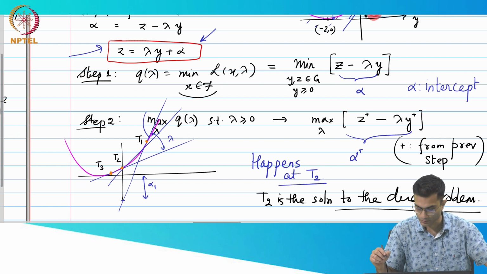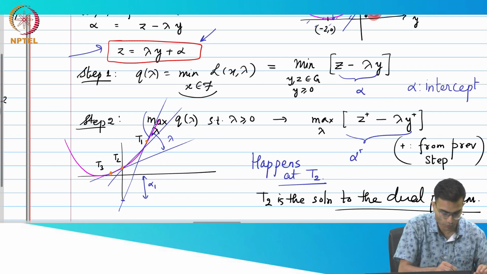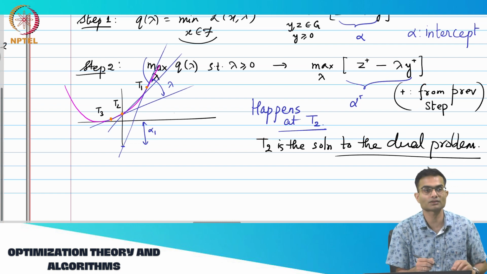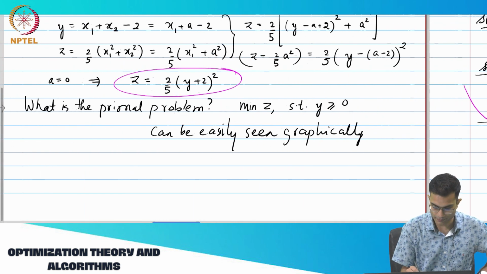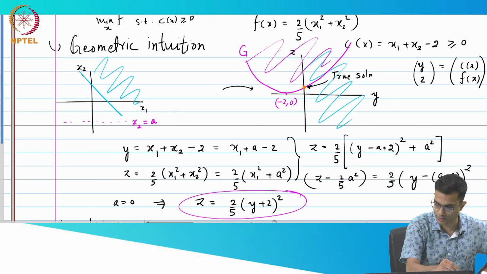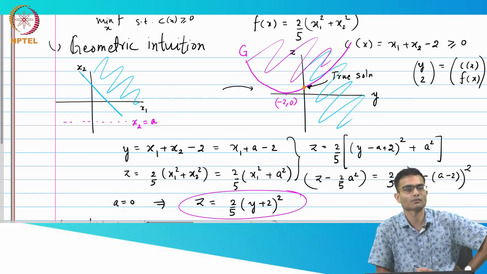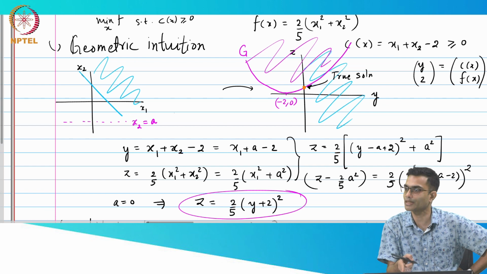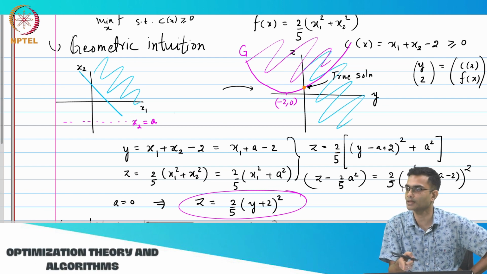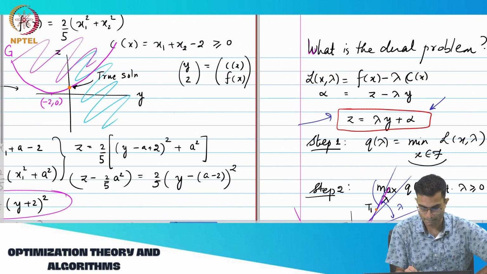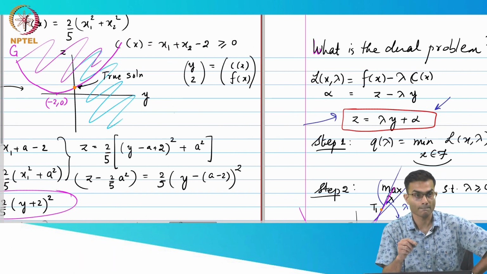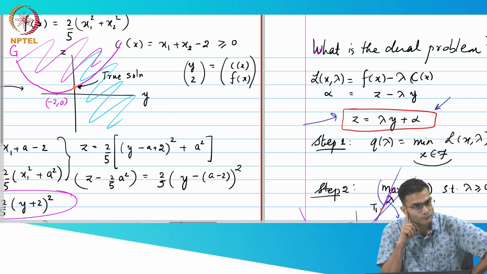Okay. So in fact, the solution to the primal problem and the solution to the dual problem. Remember in this case it was T2. In the previous case we saw that the true solution to the primal problem was the same point where this parabola is cutting the z-axis. Yeah. So parabola will cut the z-axis means it's y equal to 0. Yeah. So z which we are getting is 8 by 5.